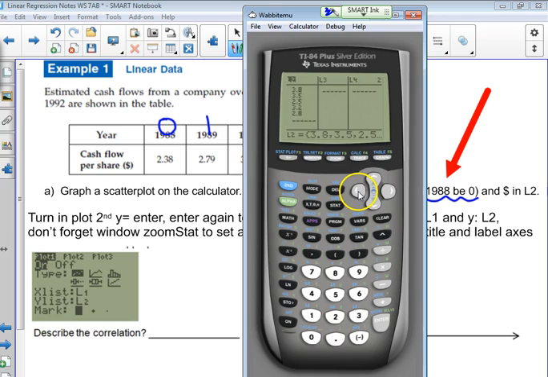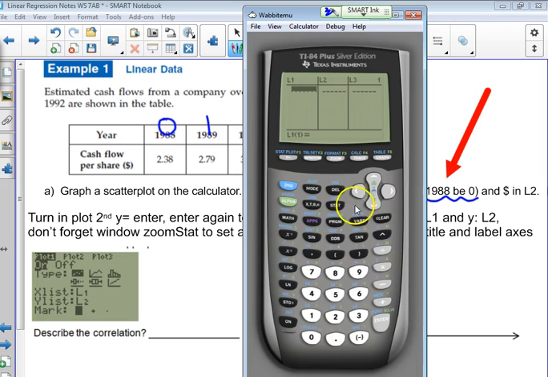Does everyone have a list 1 and list 2 now? Okay. To be able to go onto these and clear out the numbers, go up onto the title of the list, arrow up, and hit clear enter, and you will get rid of all your entries in that column. You don't want to hit delete because you'll delete the whole list, and then we have to reinsert it. All right, so I'm going to clear out all the numbers in list 1 and list 2.